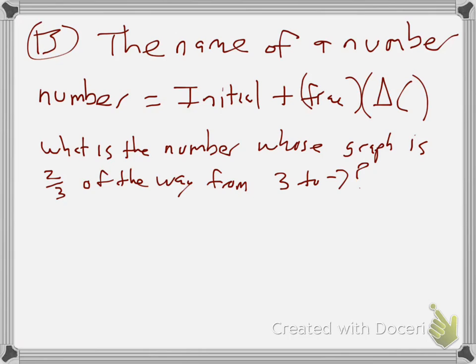That's a question mark, sorry. What is a number whose graph is 2/3 of the way from 3 to -7?